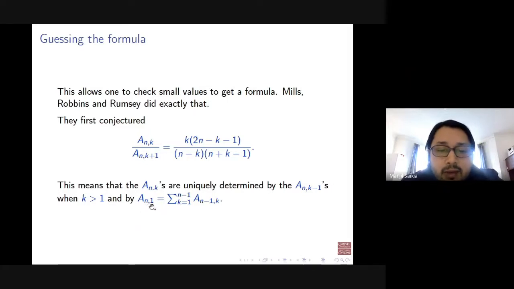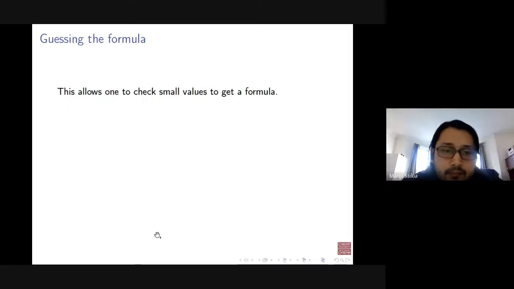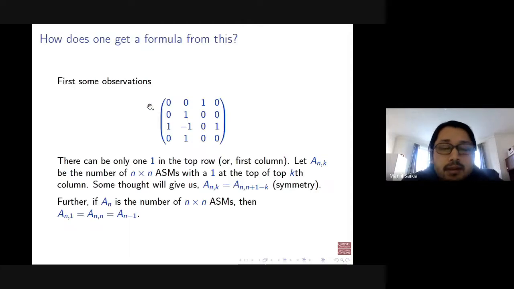So A n1 is just summing over A n minus 1 k, because the number of all alternating sign matrices, which I denote by A n, is the sum over all the possible positions at the kth place. So you sum over all k's.